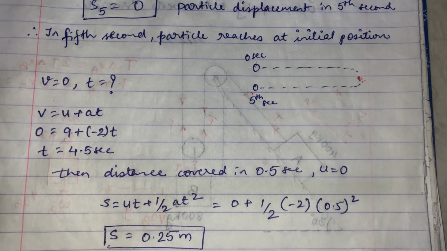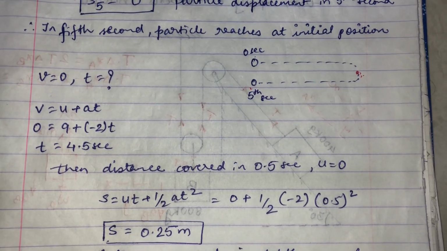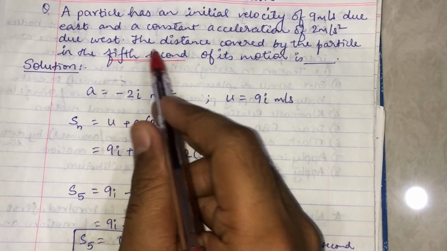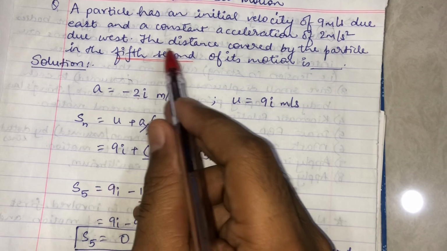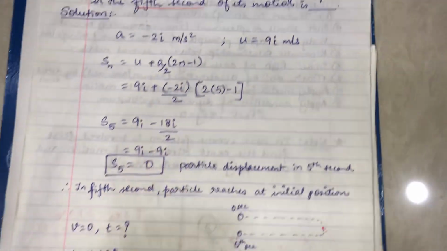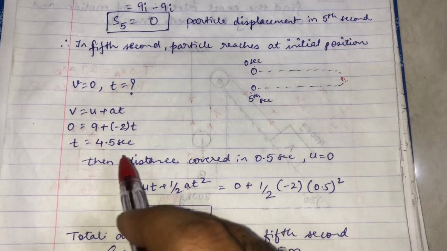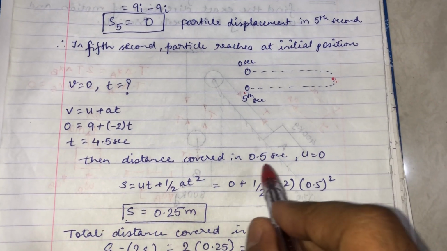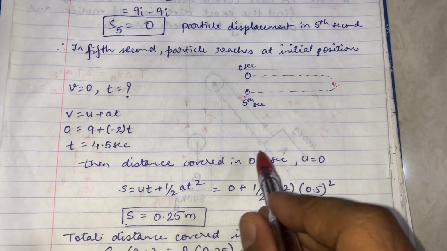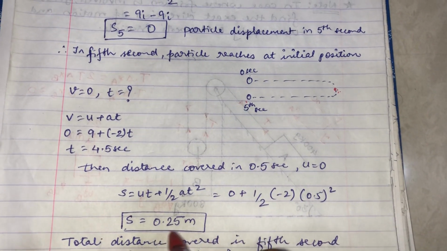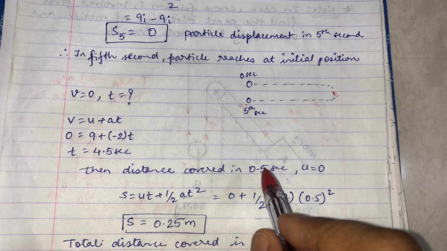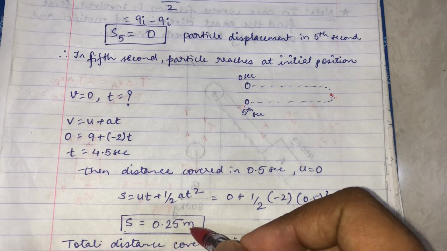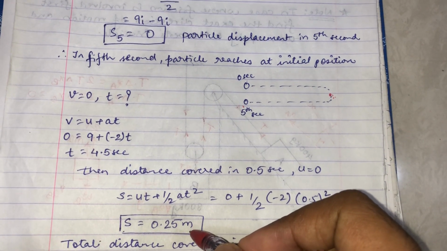Now the twist in the problem, just have a look. It's fifth second. It's not in 5 seconds. If we are talking about fifth second, it's 4.5 and the remaining is 0.5. Means in the last 0.5, if it is covering 0.25 distance, then in the previous 0.5 it would have covered double of this.